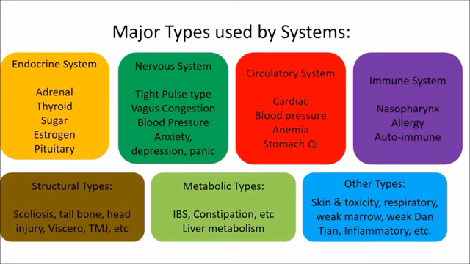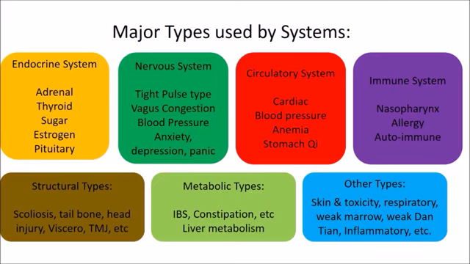The immune types include things like people who have lots of allergies, the weak immunity type, as in having tonsils removed or having lots of colds and flus, the autoimmune type, the hyperimmune type. The endocrine types include the estrogen insufficiency type, the thyroid type, the pituitary or the birth control pill taker type, the sugar metabolism type, and the adrenal type.